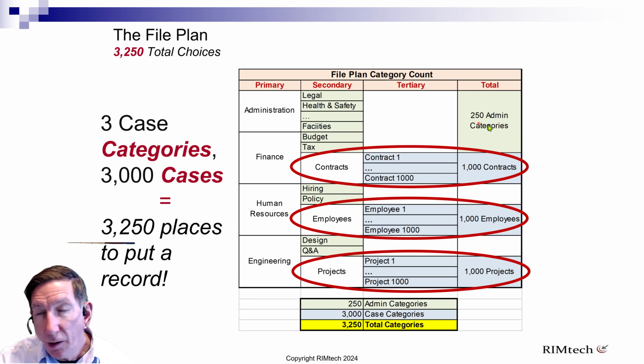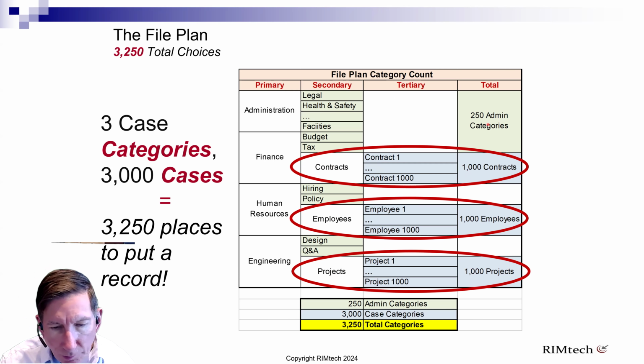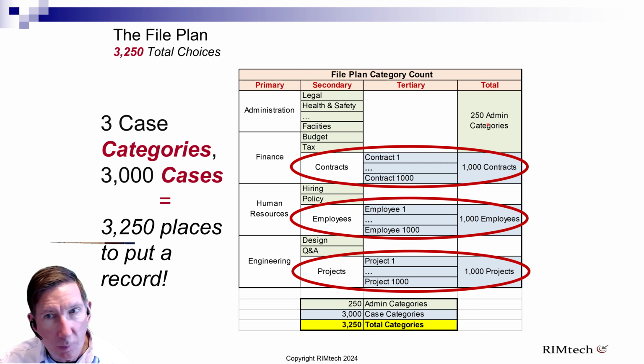Admin categories are not. So if I have 1,000 users at, let's say, 12 records a day per person, which would be normal, that means I have a flow rate of 12,000 records coming at me every single day. Where are they going to go in SharePoint? Good question. Well, here's the answer.